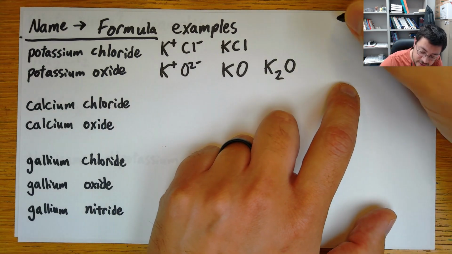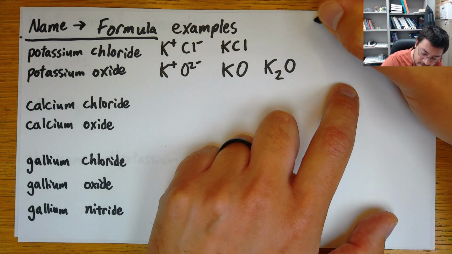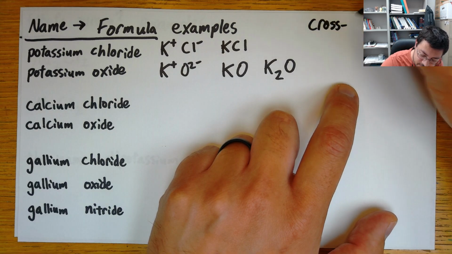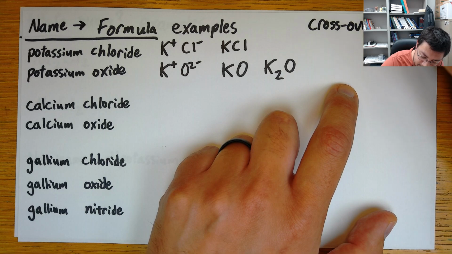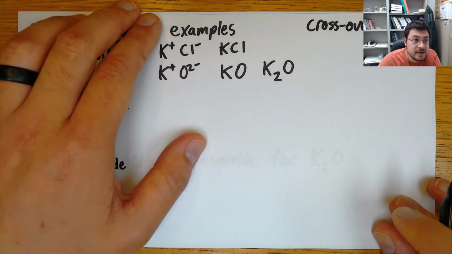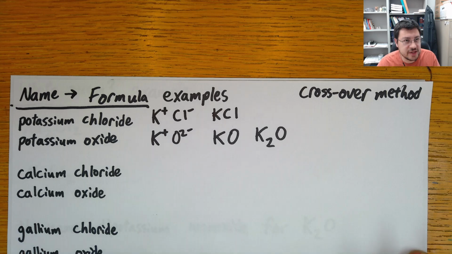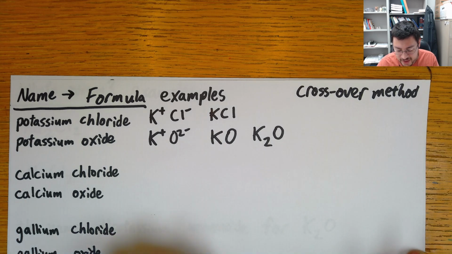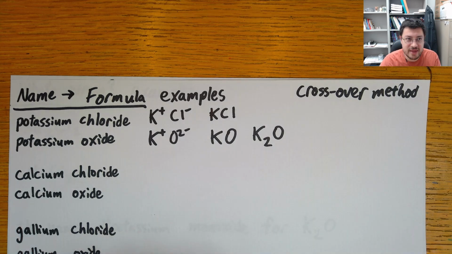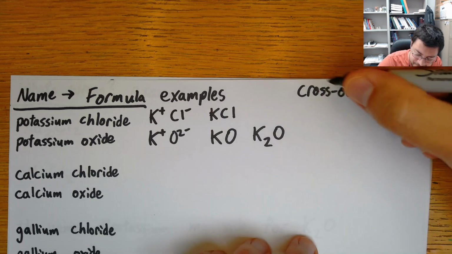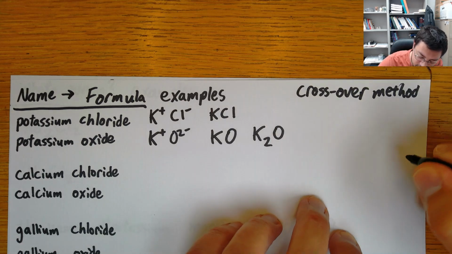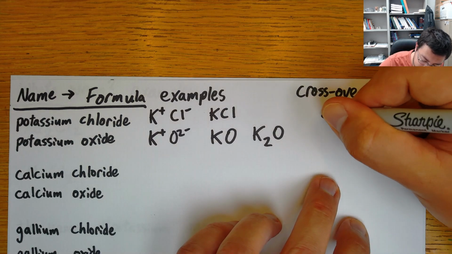So here's a handy method called the crossover method. I'll move down just in a moment. Here we go, crossover method. Some teachers do not like to teach this because there's a potential for math hygiene to become a problem. I'll show you what I mean in a moment. But like crossover method, I do like it. I like teaching it.